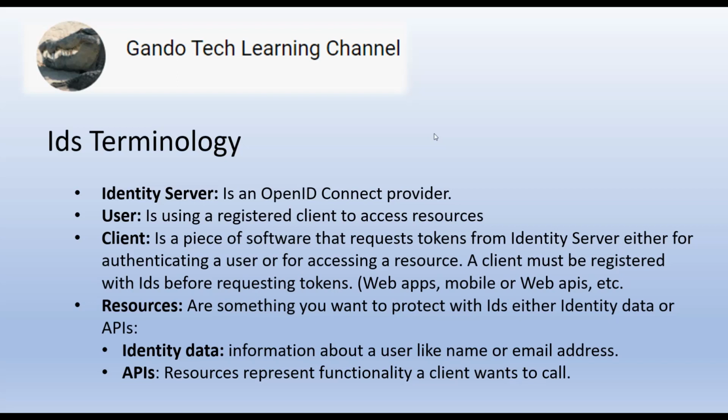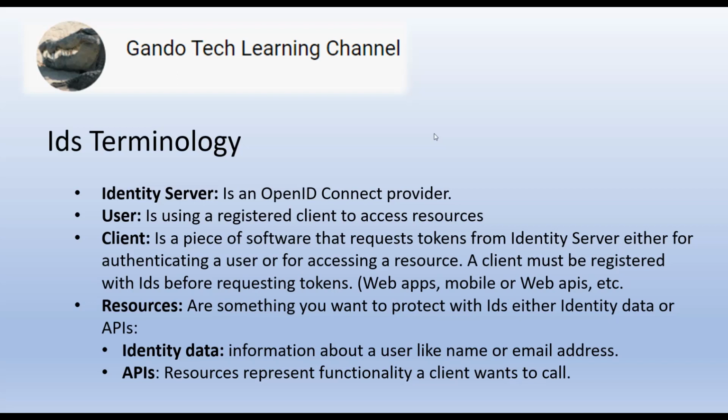So you have to say, okay, this is the client which is going to access our resources, this is the information, and this is the accessibility to that resource. You have to do that before you start doing anything. And the resources are something you want to protect with identity server, either identity data like user data, or web APIs which you are using. Simple as that.